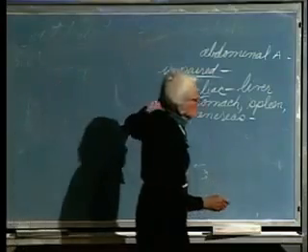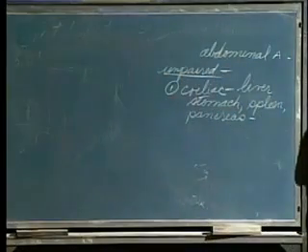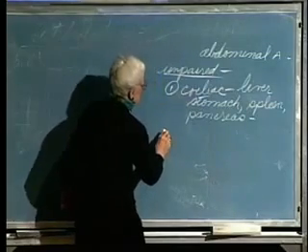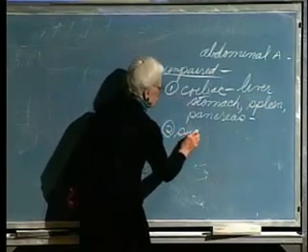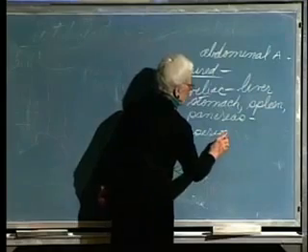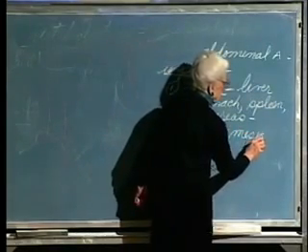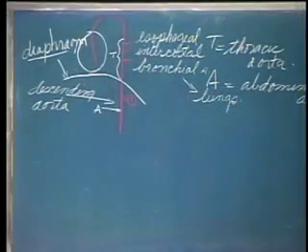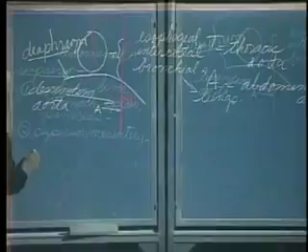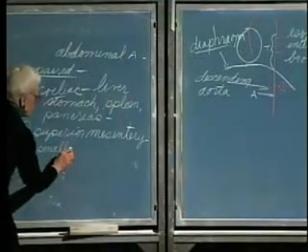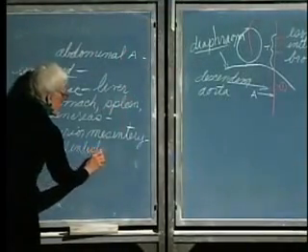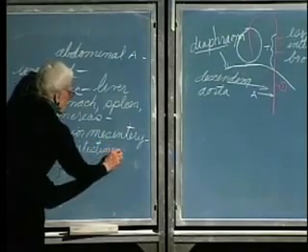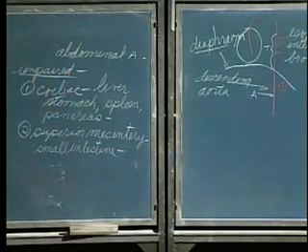So the celiac will be the first to come off here. Then the second coming off that's unpaired will be the superior mesentery. So it will supply the small intestine and part of the large intestine.